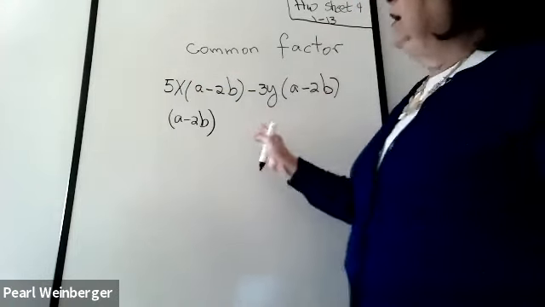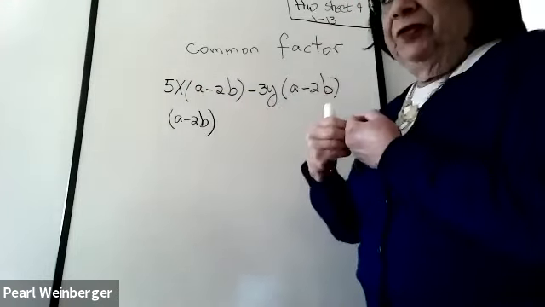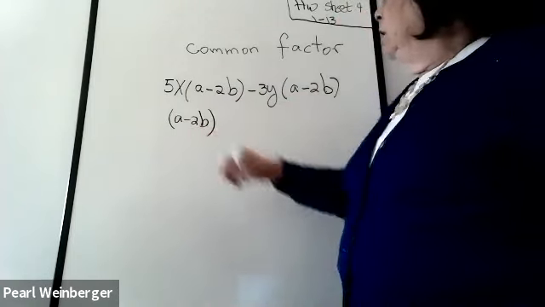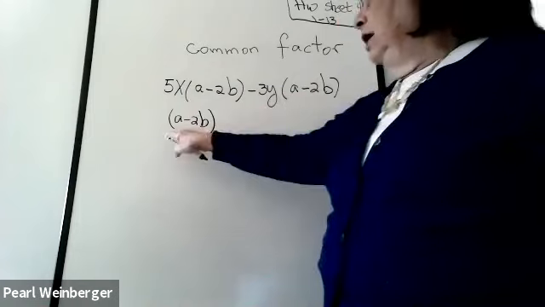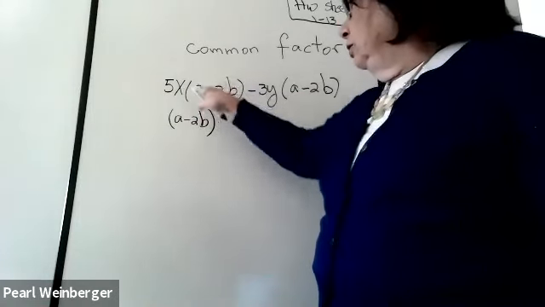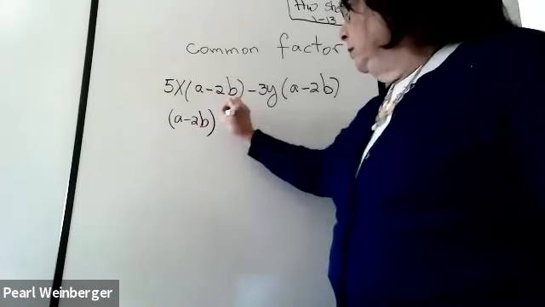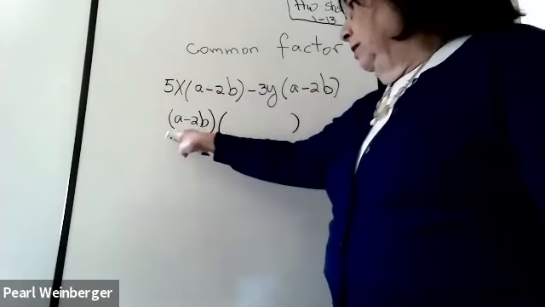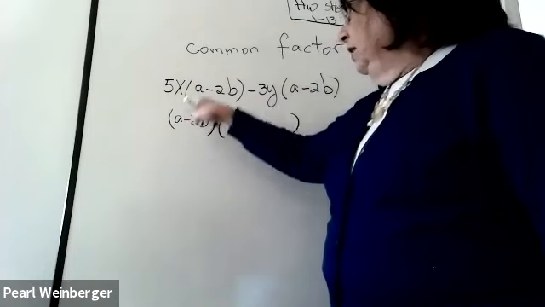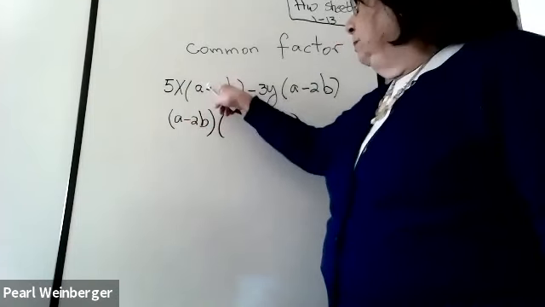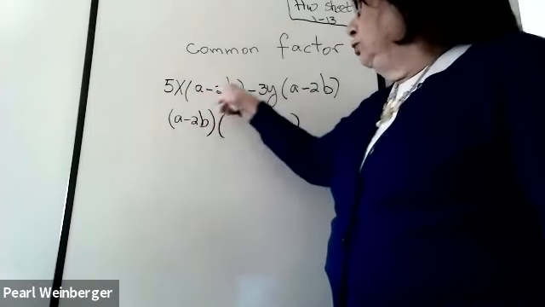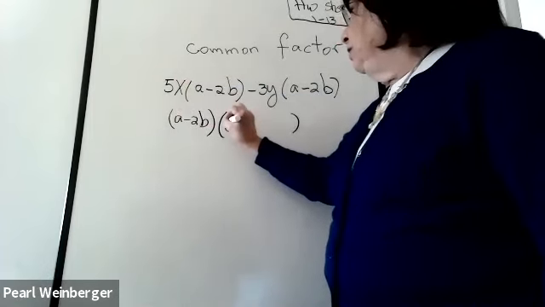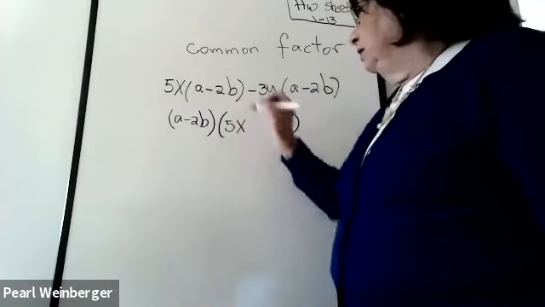And therefore, I can take out this common binomial factor. What do I do? I just take the a minus 2b and put it in front and make another parentheses. And if I divided this by this, the a minus 2b's would cancel out, and what I'd be left with is 5x. So my first term becomes 5x.